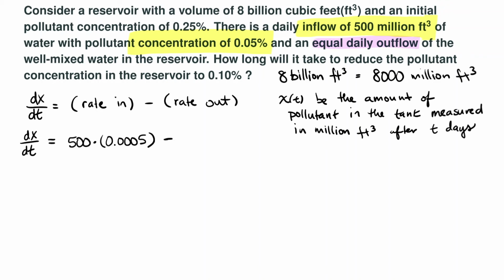Coming in, we knew exactly what was coming in, but coming out, the percentages are not as clear. In fact, the percentage is changing based on how many days are passing because we are diluting it over time. So we know the amount that's coming out, that's 500, but we need to figure out the pollutant concentration.